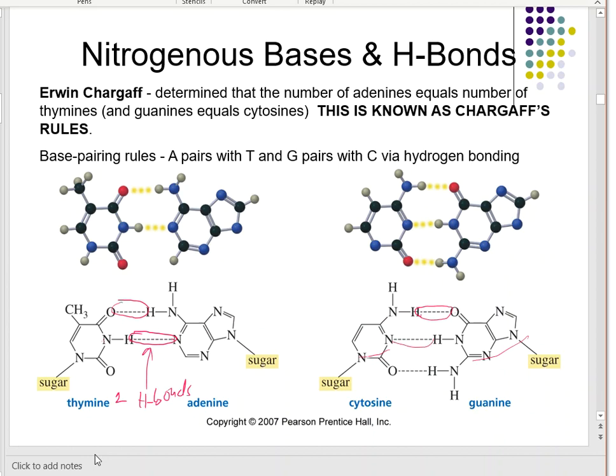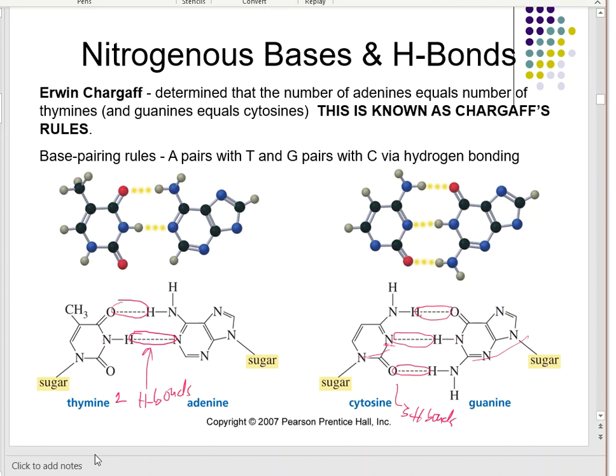We have a hydrogen bond that's here. H attached to an N, O, or F that's attached to another N, O, or F. And finally, we have hydrogen bond number 3. So the GC stacking is a little bit stronger. It's a little bit harder to pull apart. And the reason is because they share multiple hydrogen bonds, 3 here versus 2 from the AT pairing.